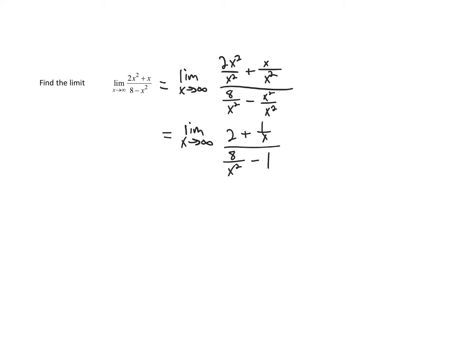Now as x goes to infinity, each of these fractions will go to 0, giving us 2 over negative 1, or negative 2, for our final answer.